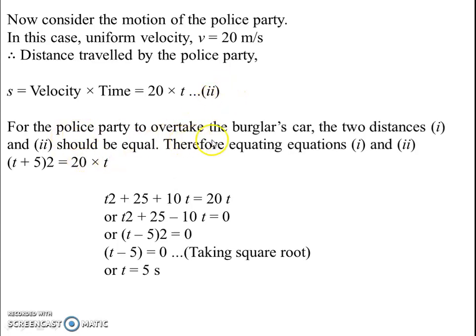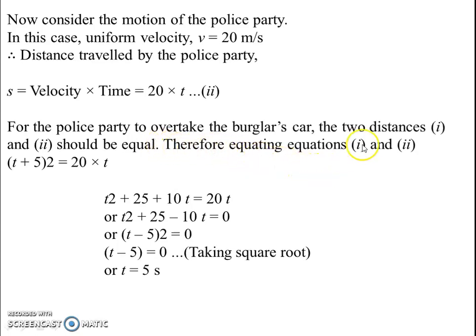For the police party to overtake the burglar car, the two distances should be equal. Then only can he overtake or pass the burglar car.